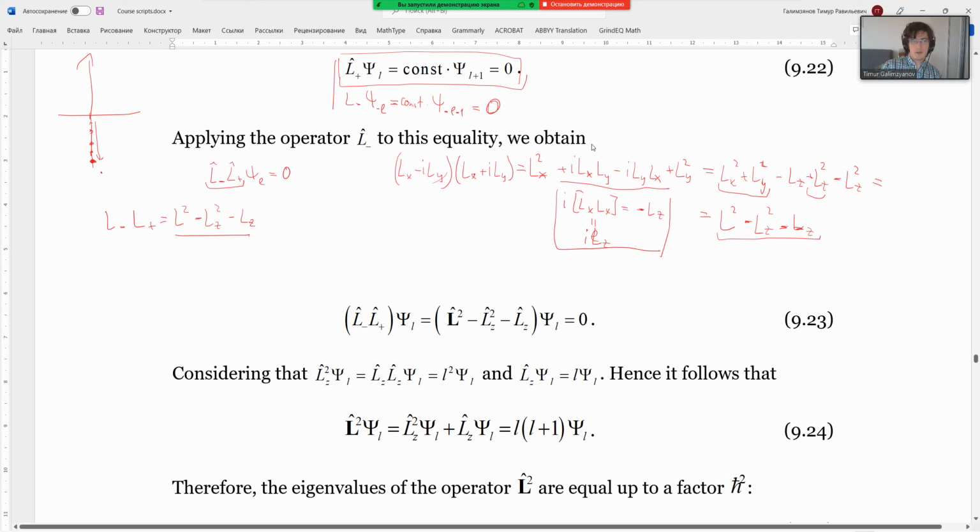And we know that L minus L plus acting on psi L equals 0. So we can write this equation.